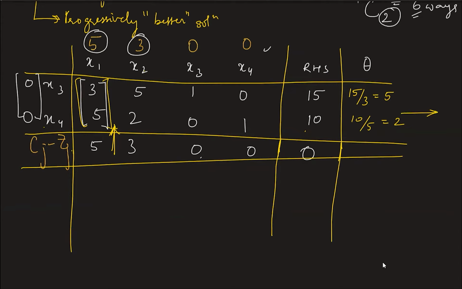So if we look at this, the corresponding element would be 5. And entering variable would be x1. So what we get now is x3 and x1.